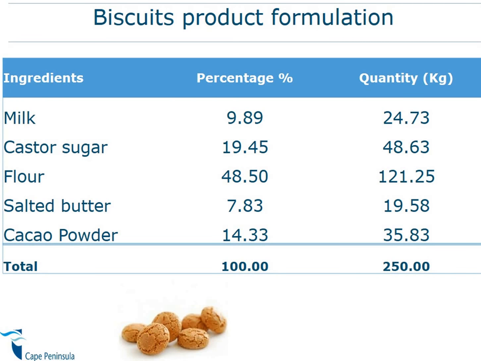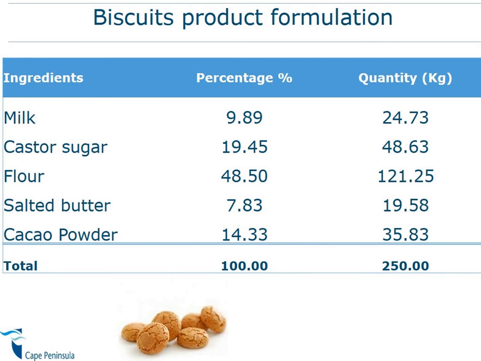But now in the lab or in the pilot plant, you need to be able to convert your percentage into a known quantity that you can measure, right? So then I would say 9.89 divided by 100, that will give you 24.7.